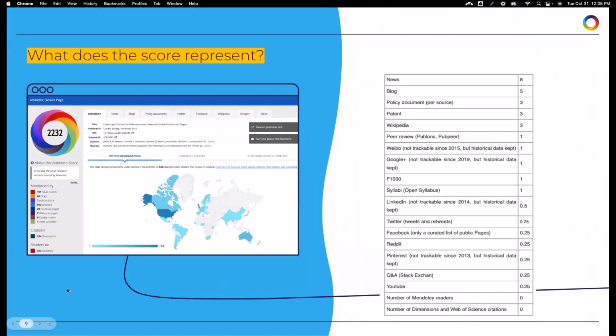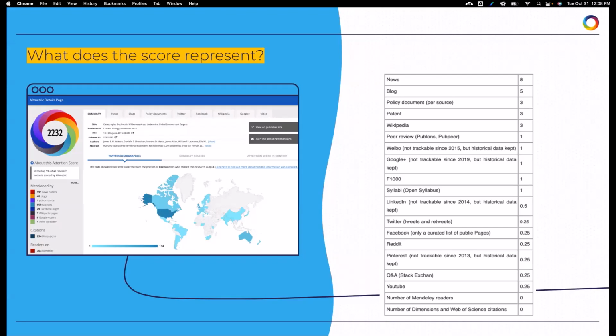And then there's always a score associated with a particular piece of research. It's not a number that simply adds up. There's an algorithm that adds up to a particular score, based on how many times something is talked about.